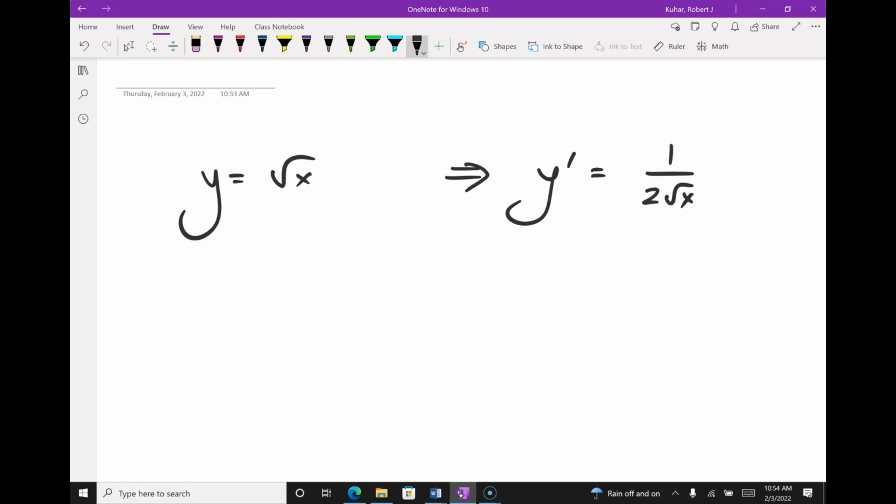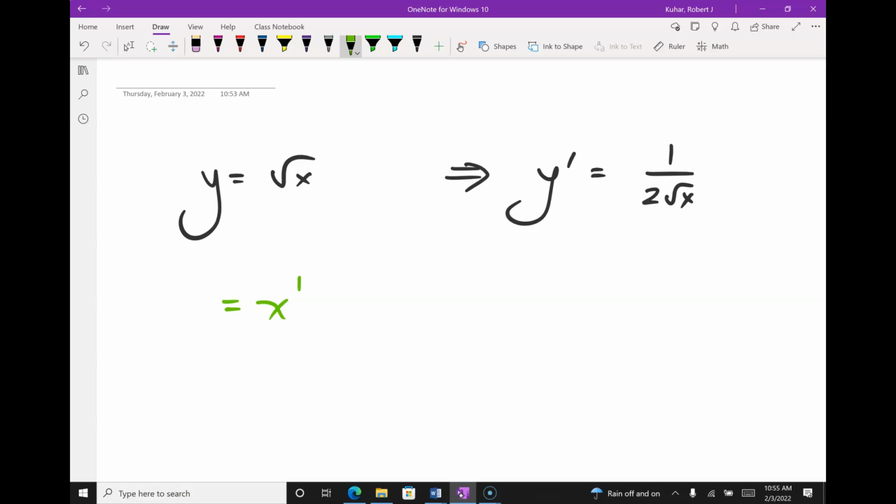What's my exponent here in this one? 1/2. You see the 1/2 out front now? And then I'm going to reduce the power by 1. 1/2 minus 1 is what? Minus 1/2. A negative exponent means reciprocal, so the square root of x moves downstairs. I'll write the shortcut, yes?